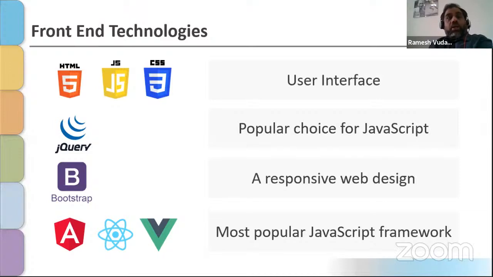So the HTML, if you see today with the introduction of HTML5, performs a lot of pretty advanced functions than a few years back. With the introduction of Canvas, it is able to render SVG images, able to process huge data sets, and with great interaction with the CSS.